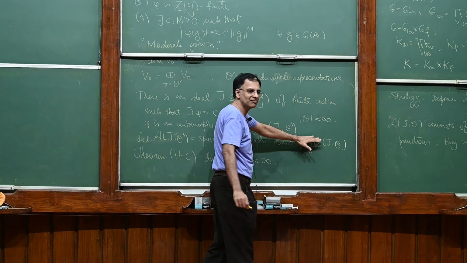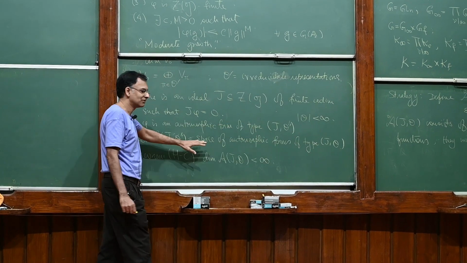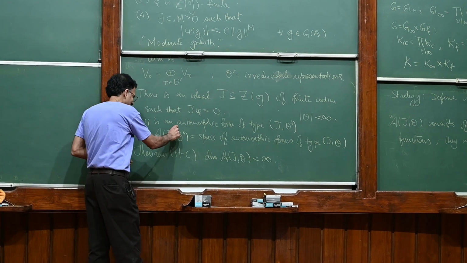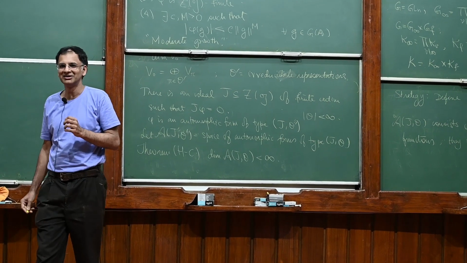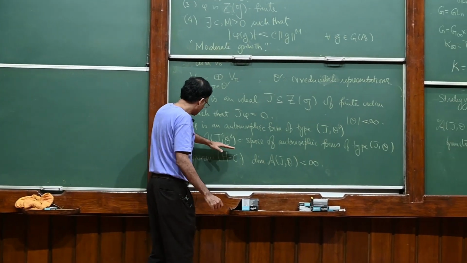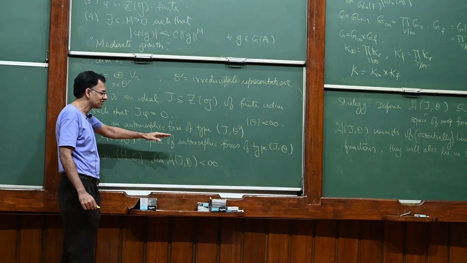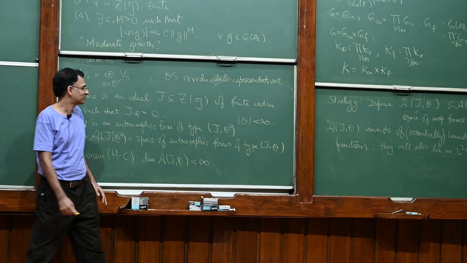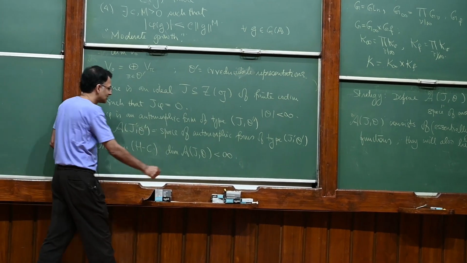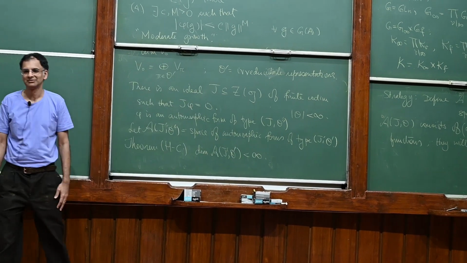Now here I'm taking some finite set theta and some, well actually I should take J prime too, some other ideal J prime of finite codimension in ZG. I'm saying, look, my notation A J prime theta prime is the space of automorphic forms of type J prime theta prime. And then I'm saying that its dimension is finite.